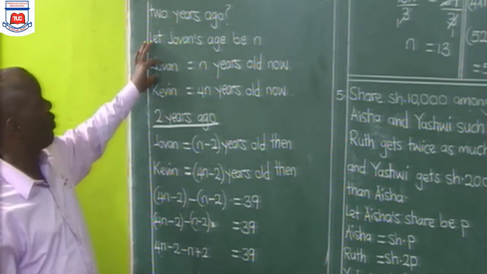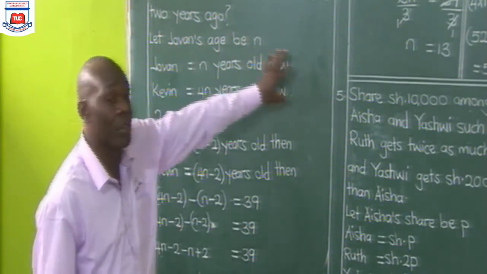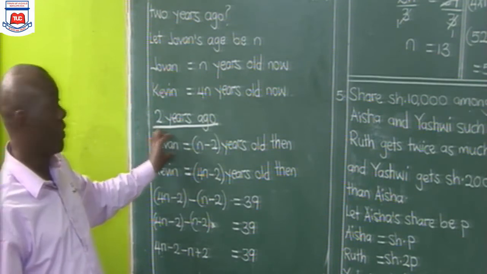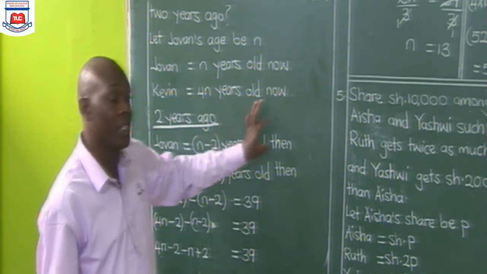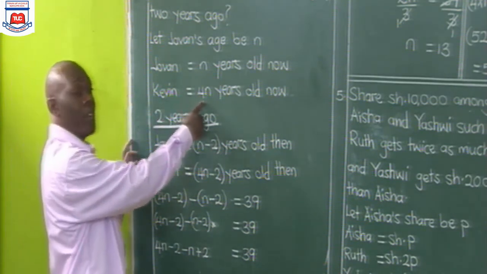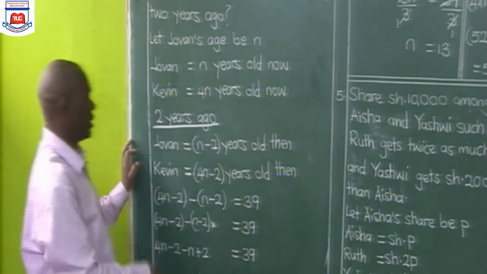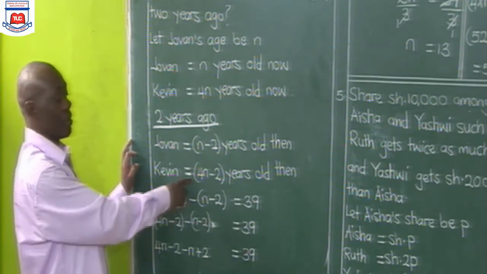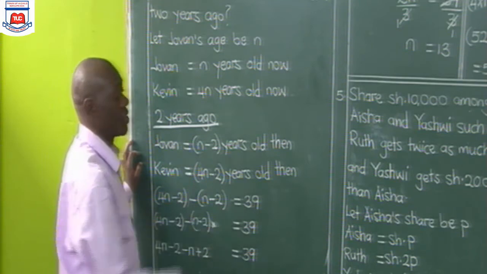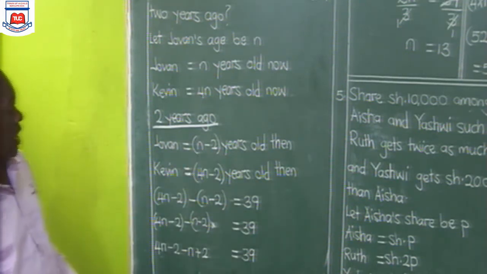Likewise, if Giovanni is n years old now, then 2 years ago, Giovanni was n minus 2 years old then. What about Kevin, who is 4n years old now? Right? 2 years ago, this Kevin was 4n minus 2 years old that time.